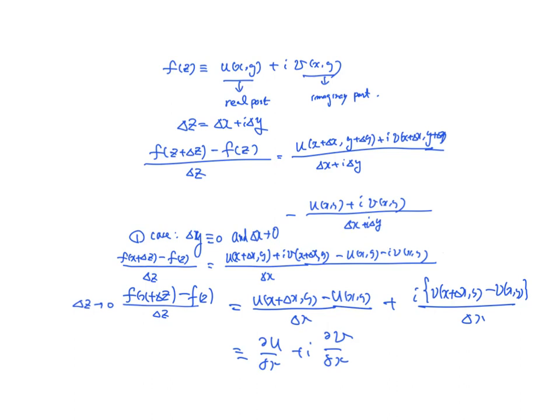Case 2 is partial x partial y. Delta x is equal to 0, delta y is going to 0.